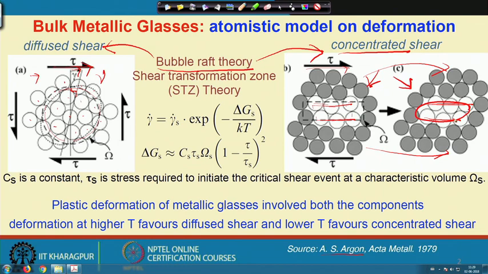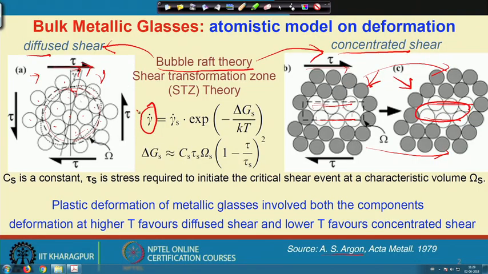However, whether it is diffuse shear, where diffuse means the strain is almost distributed, or concentrated shear, to generate this net strain there is a strain rate required. The strain rate is expressed as gamma dot.